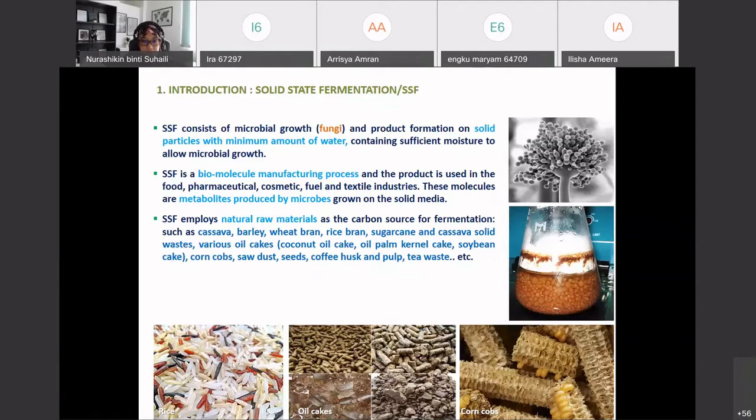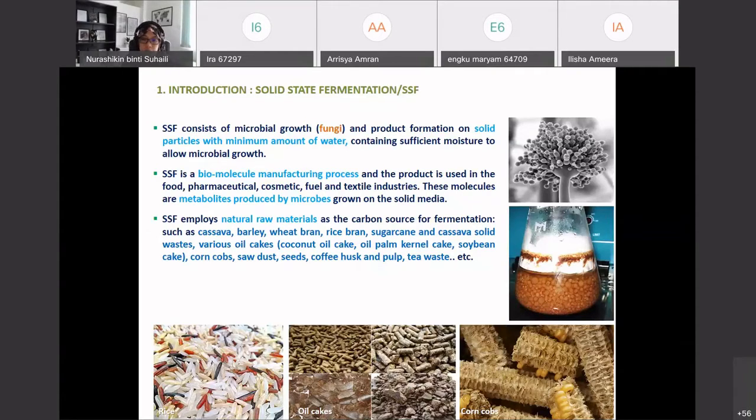Okay, SSF employs natural raw materials as the carbon source for fermentation, such as cassava, barley, wheat bran, rice bran, sugarcane, cassava solid waste, various oilcakes, corn cobs, soybeans, seeds, coffee husks and pulp, and tea waste. Okay, so you can see in general these materials are residues or waste from agriculture.